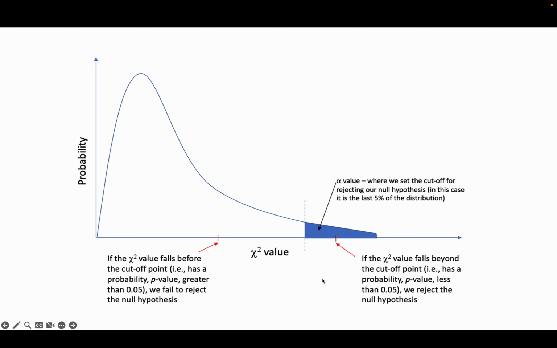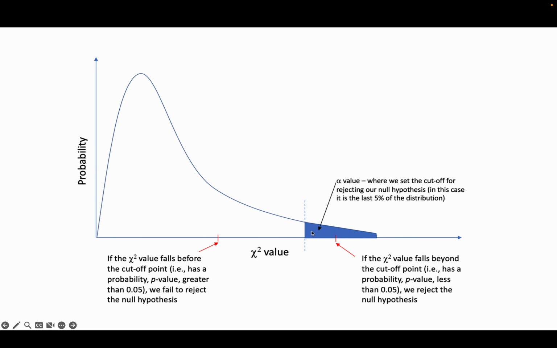And so we say ahead of time, before we run the test, how weird does it have to be for me to say, I think the coin is rigged? And so I arbitrarily choose that if it's 5% or less in its likelihood of happening by chance, which is this blue area under the curve, that's 5% of the total area.